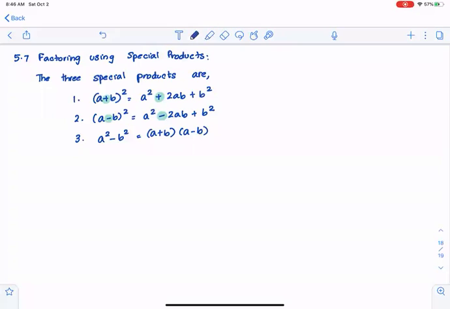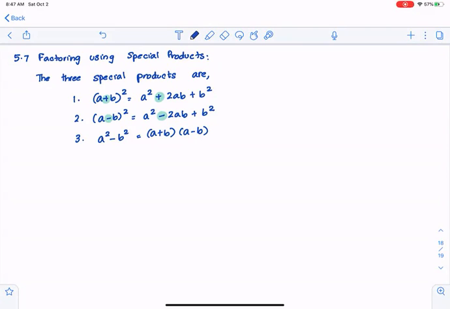The third one is the most important one because it's not even a trinomial. What we would have is a binomial. As long as we recognize it is of the form a squared minus b squared, we can split it up and write it as factors.